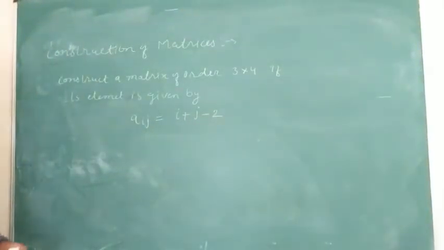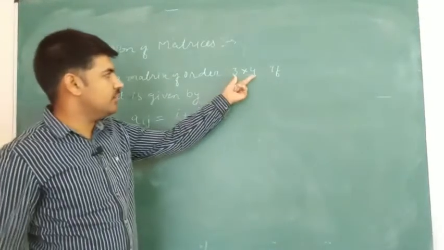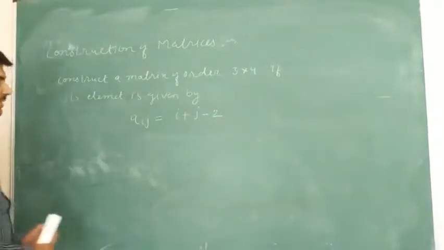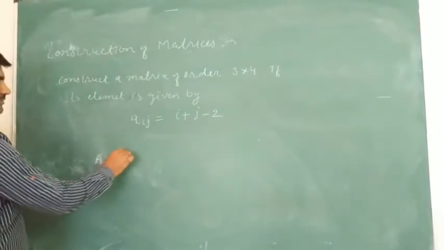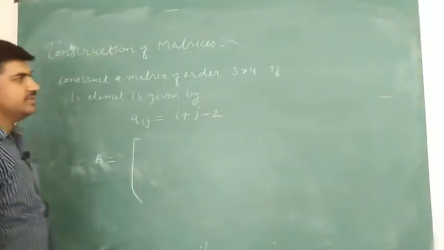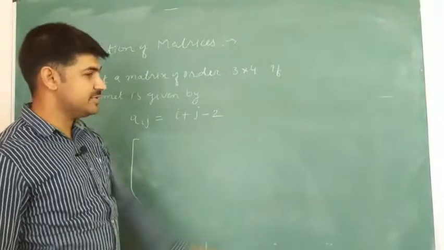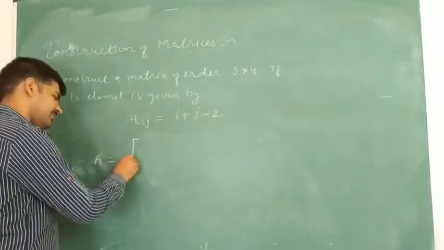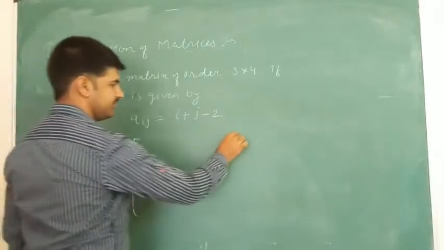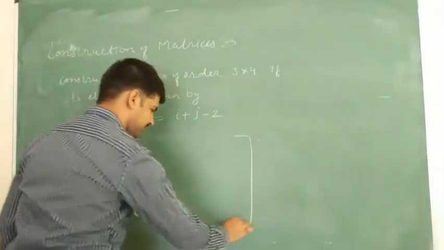Dear students, when we look at the order of the matrix, that is 3 by 4, you may name the matrix as A is equal to, since there are 3 rows and 4 columns, so you can form the matrix of that form containing 3 rows and 4 columns.